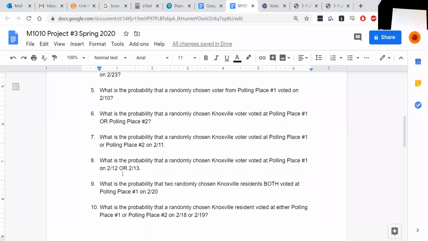Question 8. What is the probability that a randomly chosen voter voted at polling place 1 on 2/12 or 2/13? So we're saying at Carter on 2/12 or 2/13. Okay.